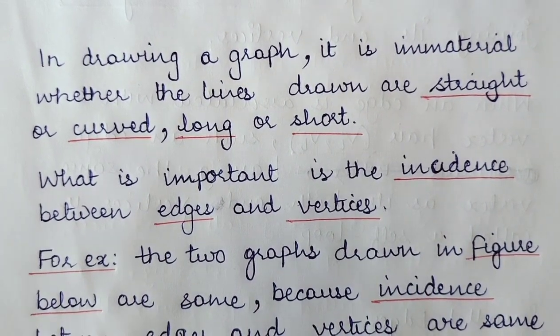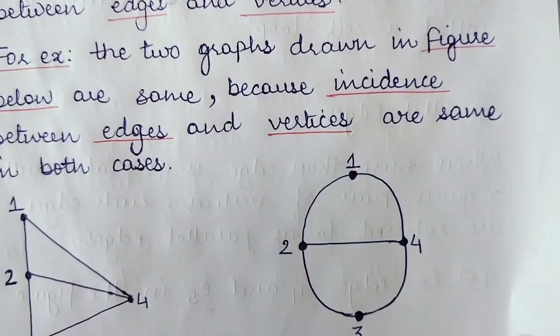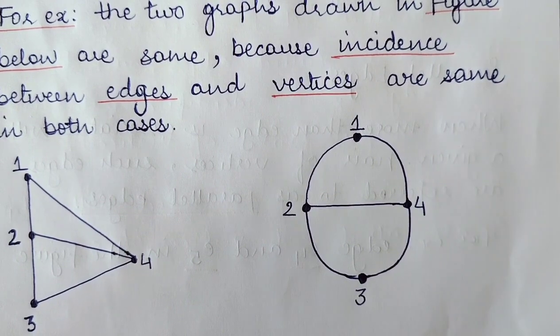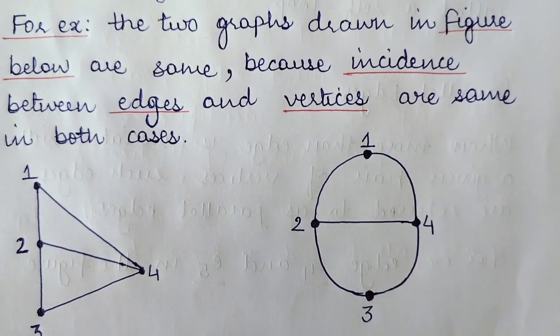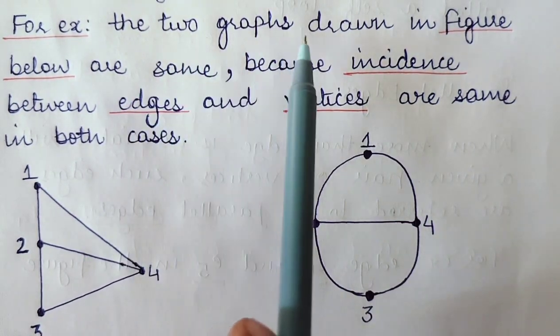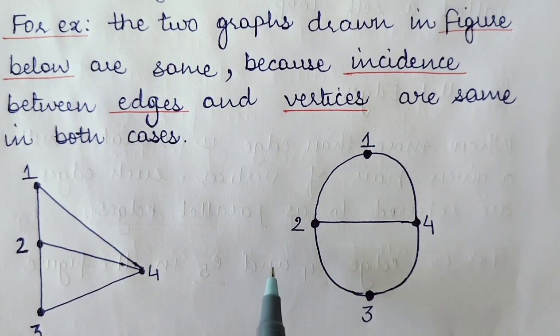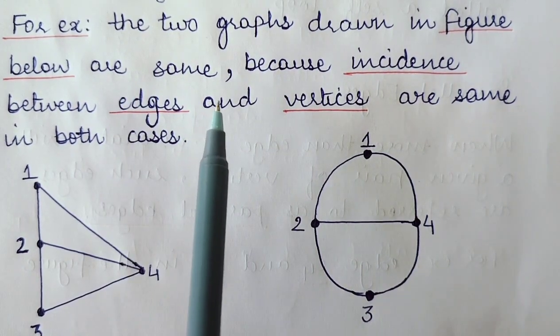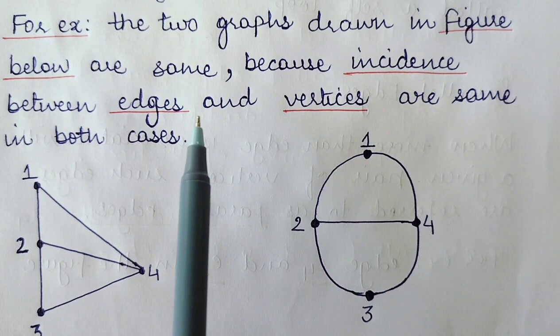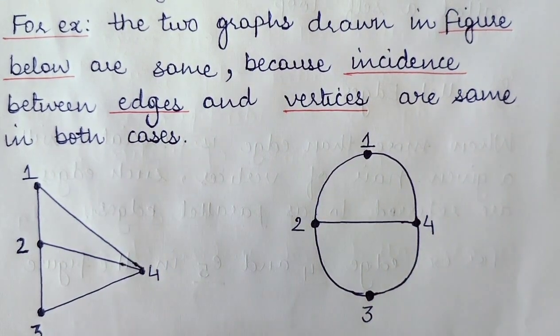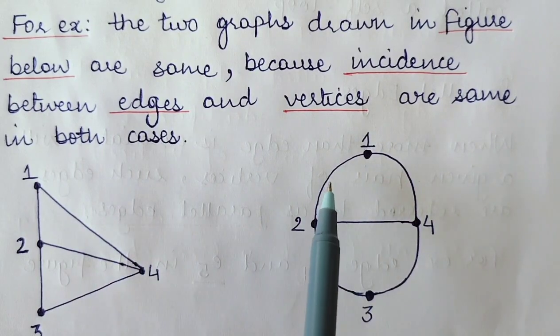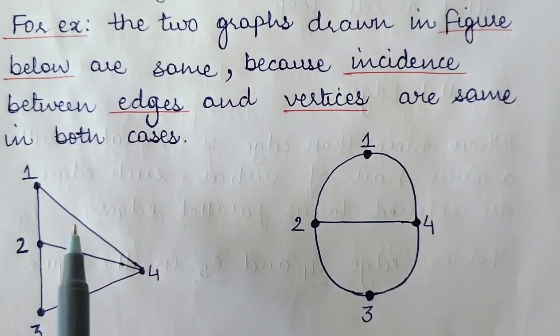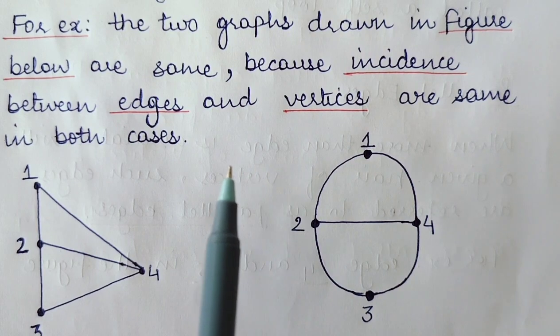That is important. For example, here you can see two graphs. You may find them to be completely different graphs, but actually they are the same graph represented in a different manner. These two graphs in the figure below are the same because the incidence between the edges and vertices is the same in both cases. As I told you, the shape or the size of the line segments which represent the edges is immaterial.